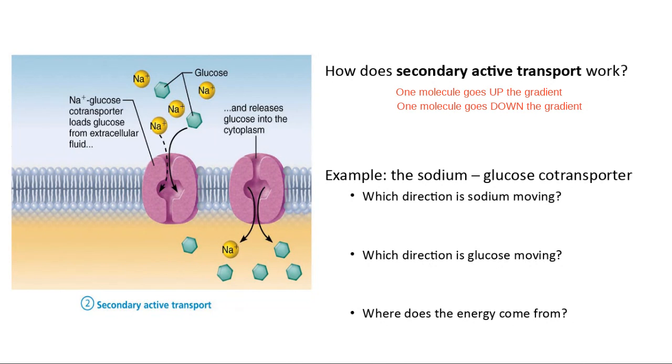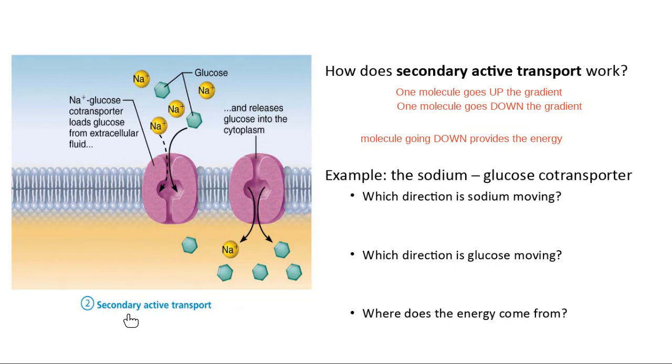The one that's going down the gradient, or going downhill, is the one that's going to provide energy. So the molecule going down provides the energy. The way I can push somebody up the hill is because somebody else is rolling down the hill, or somebody else already has rolled down the hill and bumps into me and gives me the energy that I need to go up the hill.